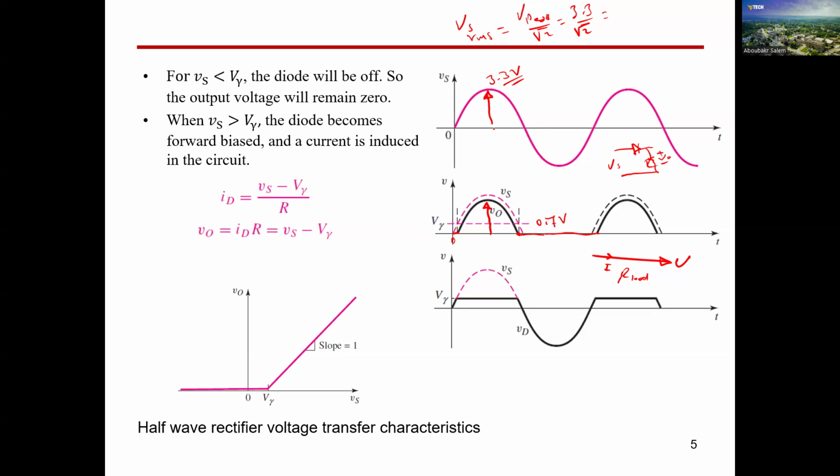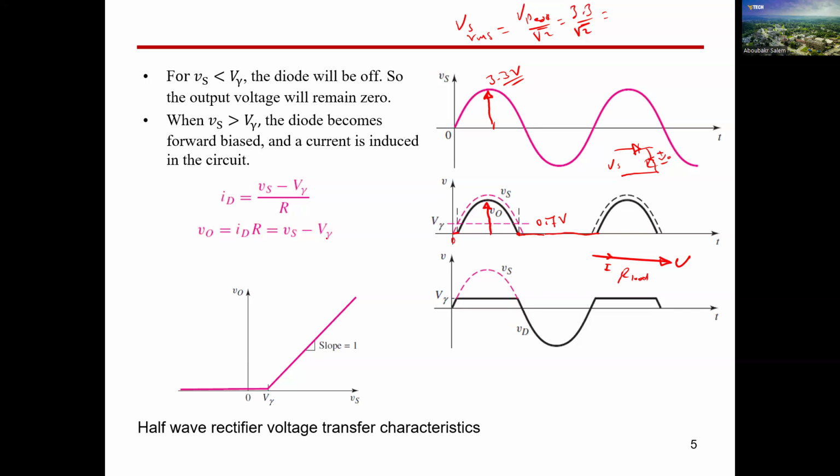According to our assumption, if this is 3.3, the peak value will be 3.3 minus 0.7. So from this relation, I diode equals Vs minus V gamma divided by R, and V out equals I diode times R, which is Vs minus V gamma. And these are the relations of our simple circuit.